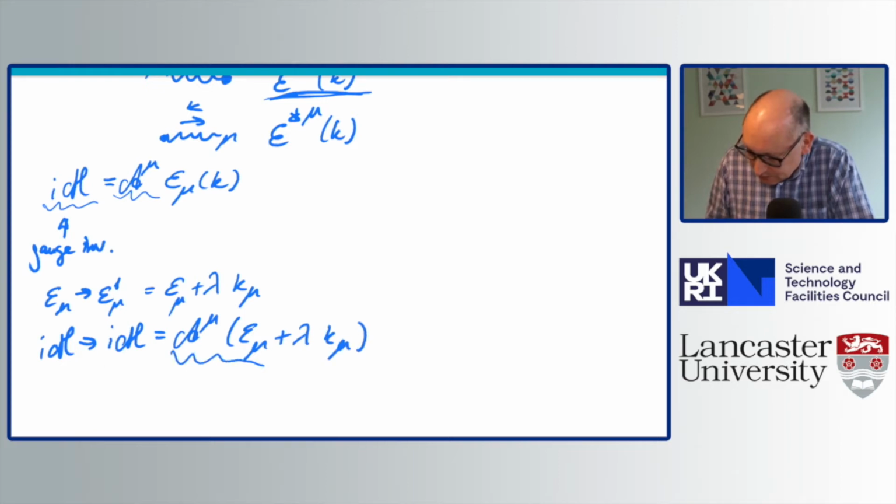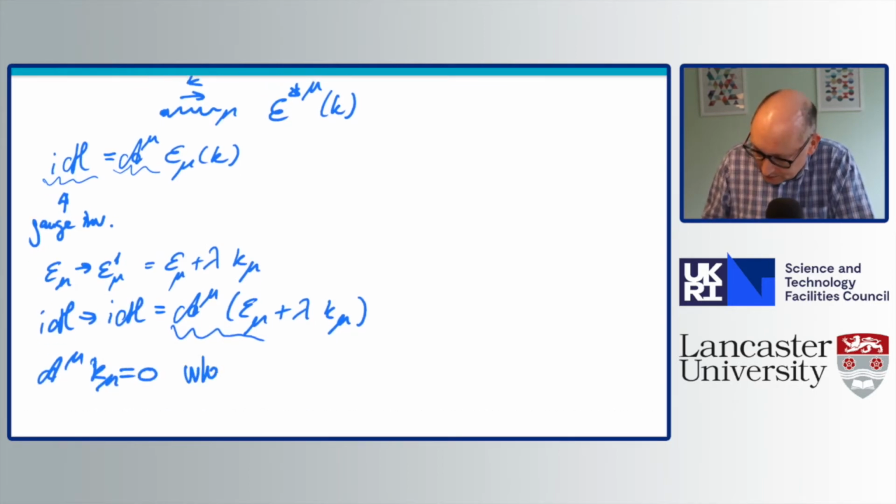But this bit here we already know is M, so the contraction of A mu with k mu must be 0 when M is gauge invariant.